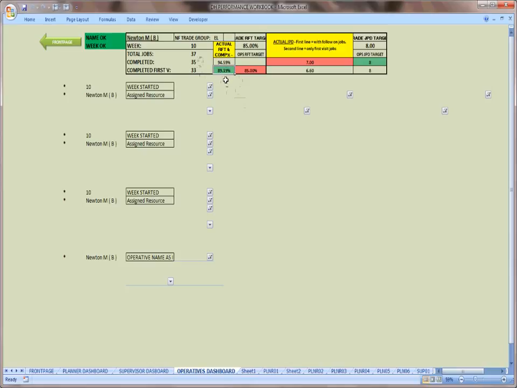So in this particular case, he completed 89.19% of his jobs first time, or 94% of his jobs were completed. But the important one is, what did he complete right first time, or RFT? And his individual target is 85%, and that is also the target for the group.